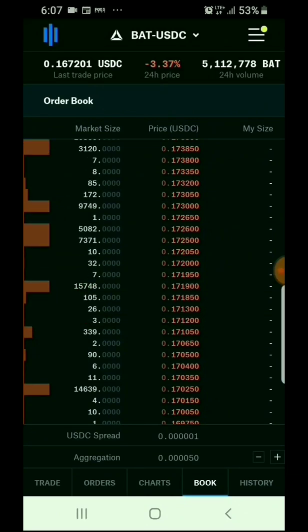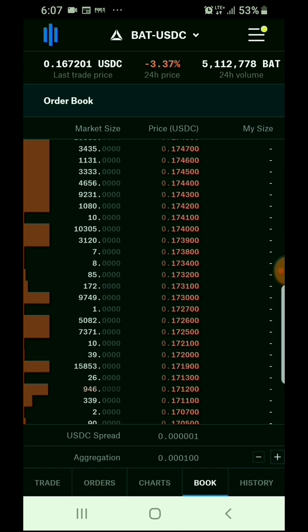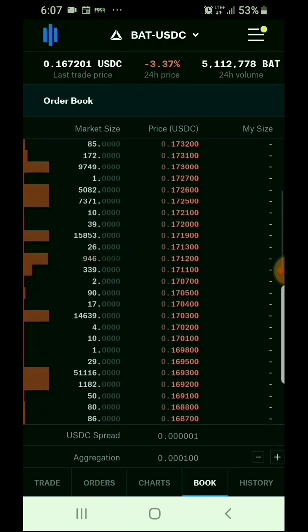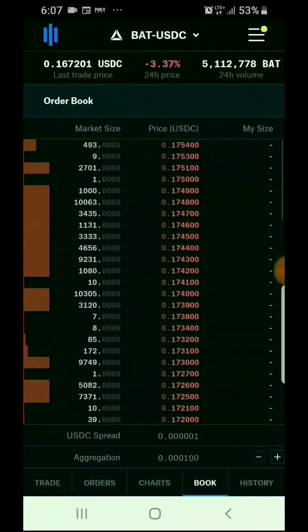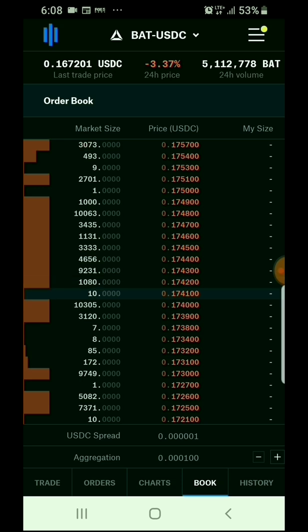And just to simplify it for myself, I'm going to increase the aggregation so I can see where I get like a big block of sell orders. So as you can see right here, the block of sell orders is here. That's like a little gap in between a big block. So I know that if or when the orders get fulfilled on both sides, at some point, this 0.17410, that's going to make its way down to the mid-market price.